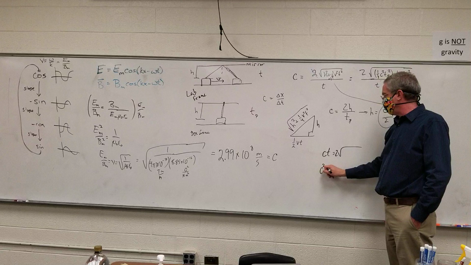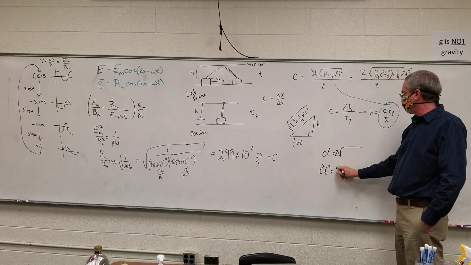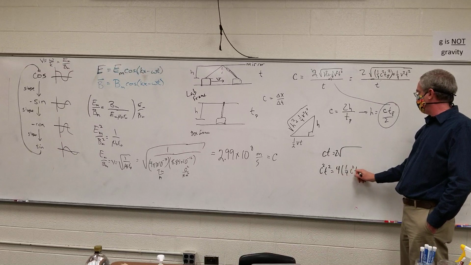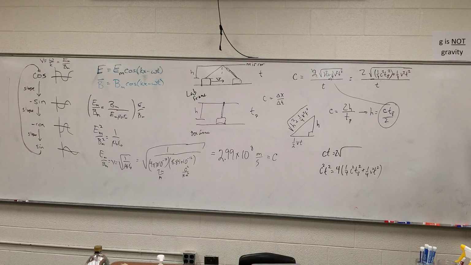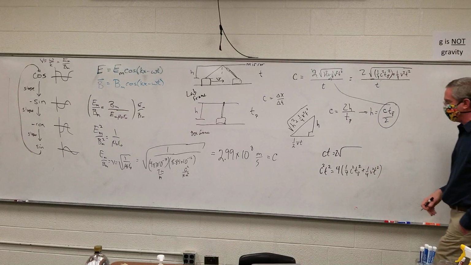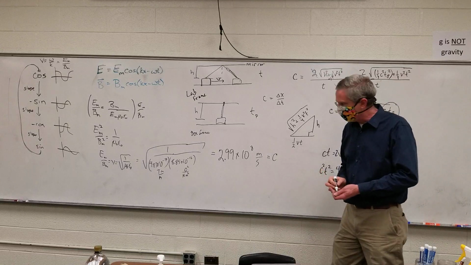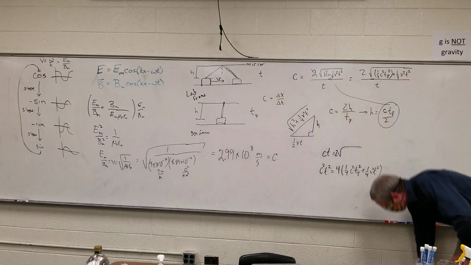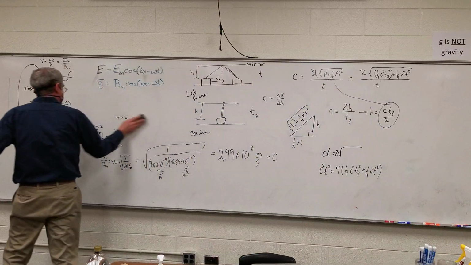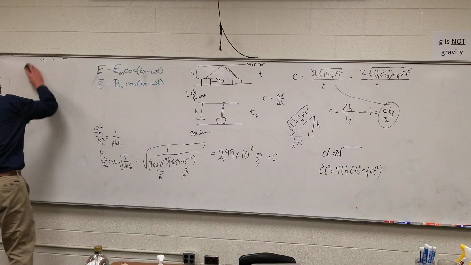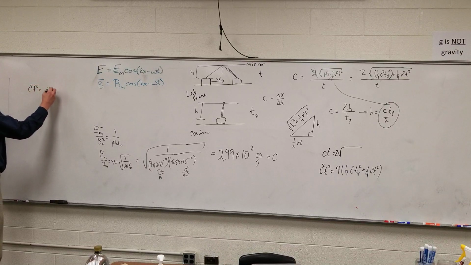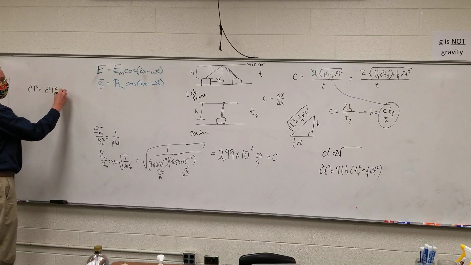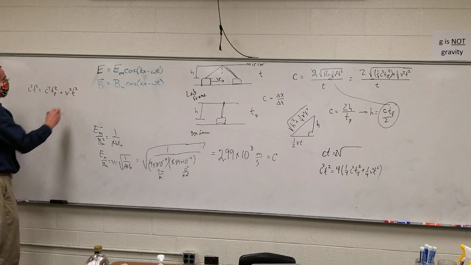Square both sides, so I get c squared t squared is equal to 4 times 1/4 c squared tp squared plus 1/4 v squared t squared. Distribute the 4, that goes away now. So c squared t squared equals c squared tp squared plus v squared t squared.